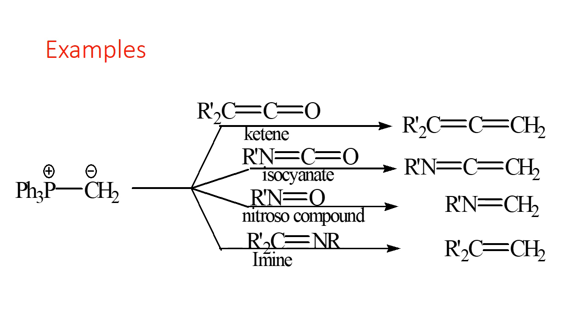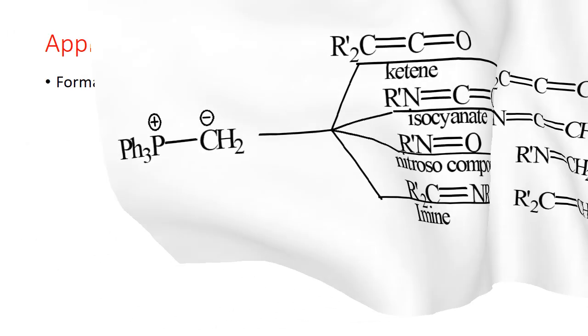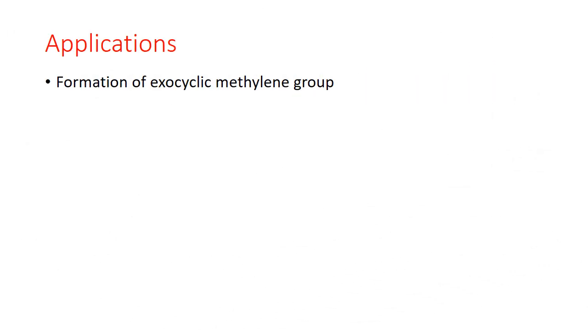So it is not strictly limited to carbonyl compounds, but also ketenes, isocyanates, nitroso compounds, and imines can be treated with the Wittig reagent, and the respective products are formed. But the main point is that we are forming a carbon to carbon double bond, or an alkene is generated.